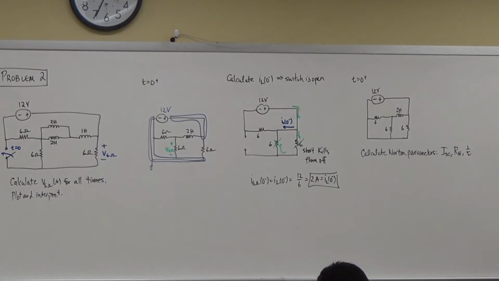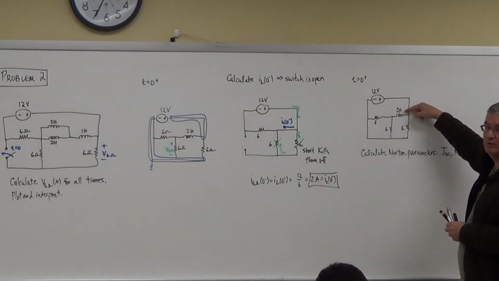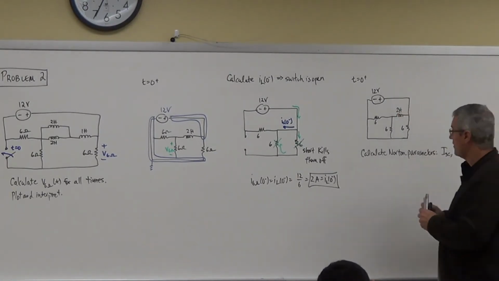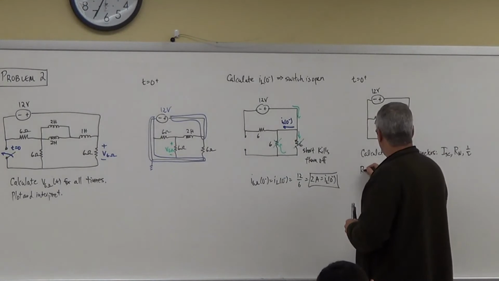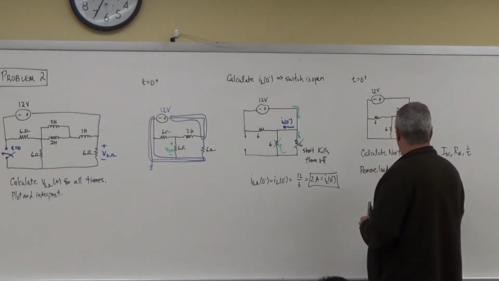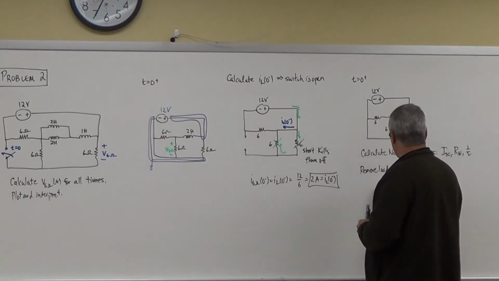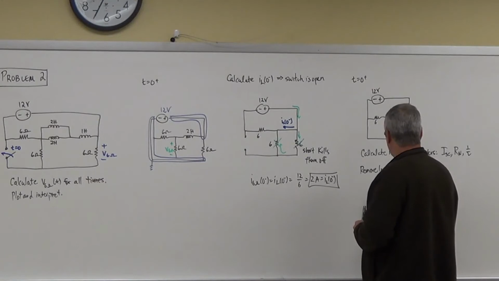Okay, so here we go. What I'm going to do now is remove the load, and then calculate I short circuit across this point. So remove the load, calculate I short circuit. Then my circuit looks something like this here.